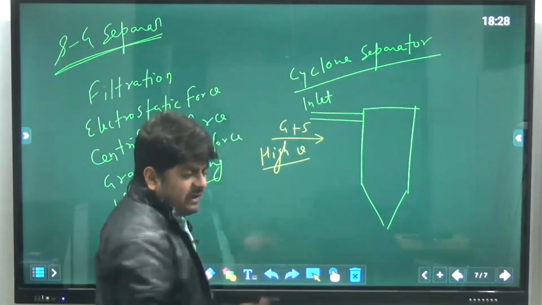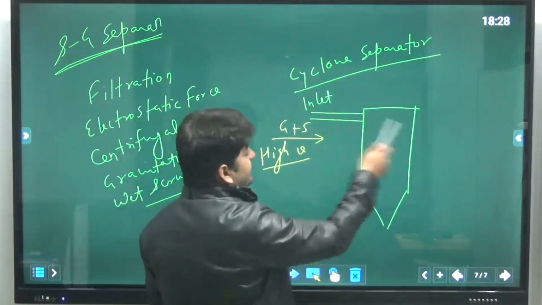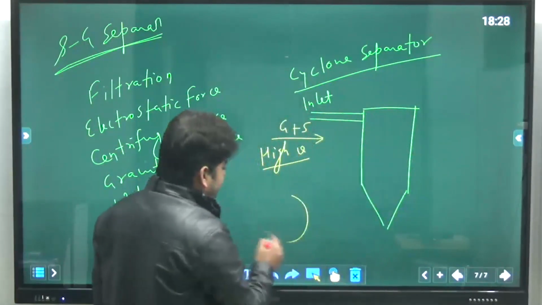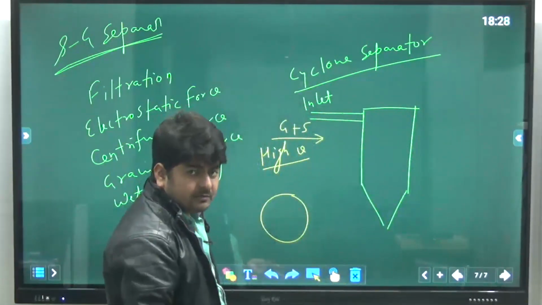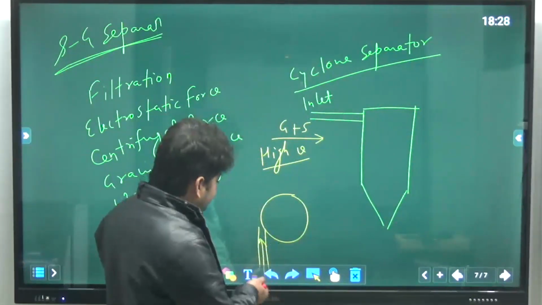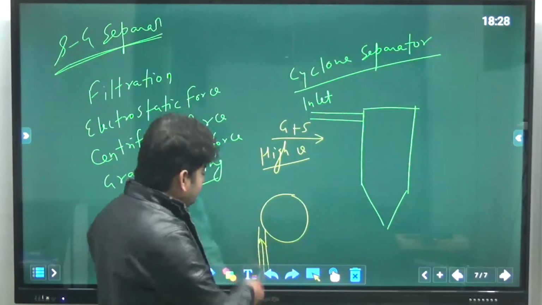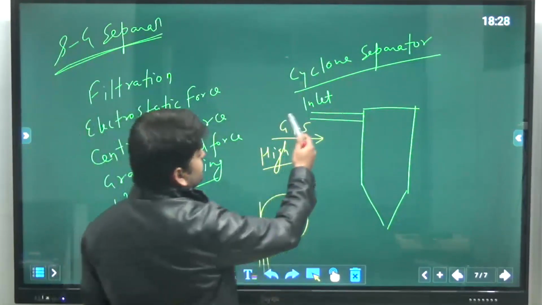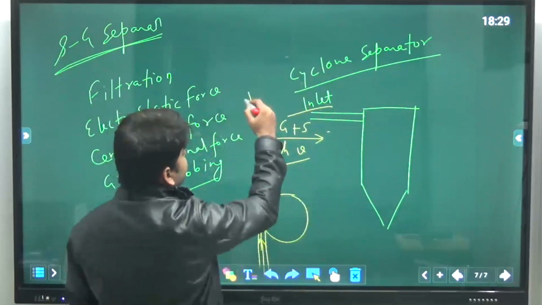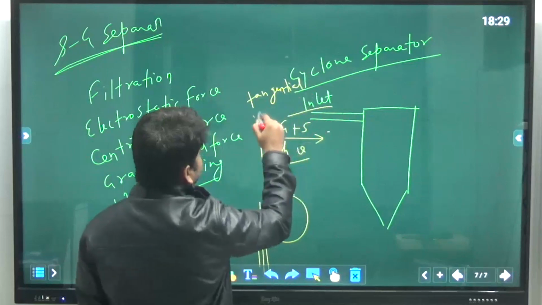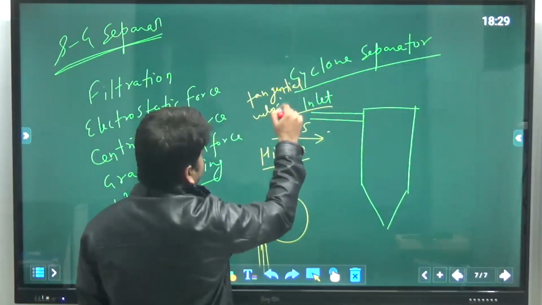If you see the cross-sectional top view of this column, the gas stream is going like this, and the path of the inlet stream follows the tangent. That's why the inlet velocity of gas here is also known as tangential velocity.